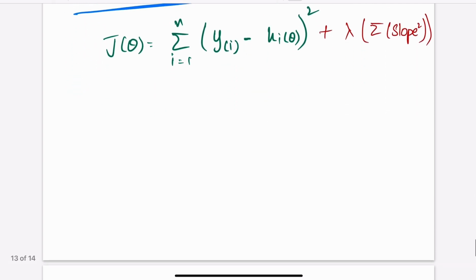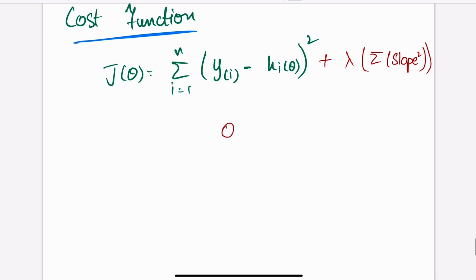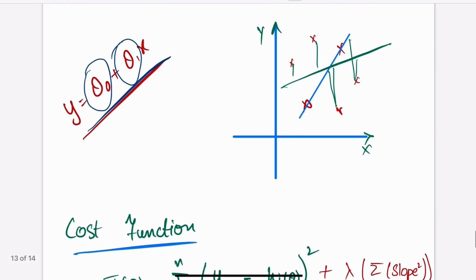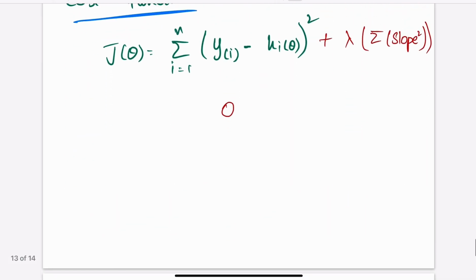So if there are only 2 points, the error would be zero, right? In the sense like if the line goes through the points, the error won't be anything. It would be zero, since this point minus this point is, of course, zero.